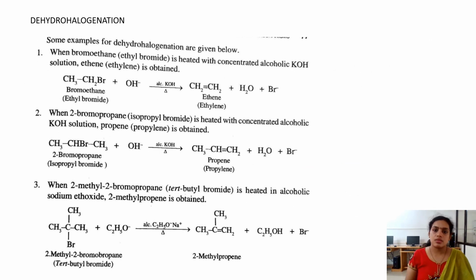The most important example of 1-2 elimination is dehydrohalogenation, which means a hydrogen atom and a halogen atom are removed from adjacent carbon atoms. Here are some examples.